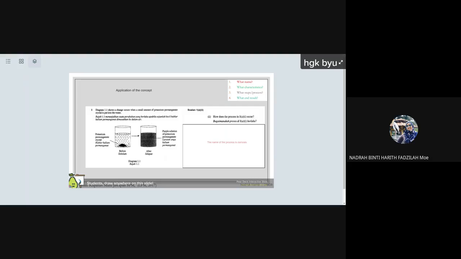Osmosis. Okay. Untuk osmosis, kamu tengok kat sini.